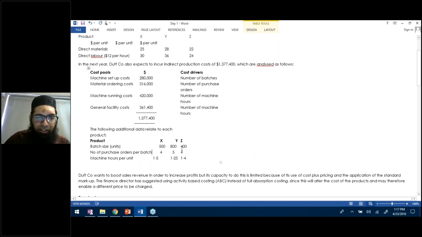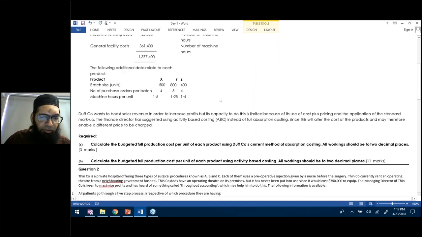So let's first read the requirement. The first requirement is to calculate the budgeted full production cost per unit of each product using the company's current method of absorption costing. And in the second requirement, we will once again be calculating the production cost per unit of each product using activity-based costing.